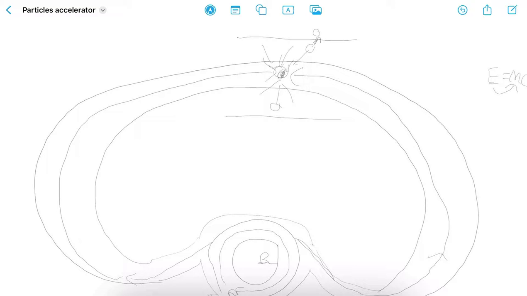For example, some subatomic particles or elementary particles that make up the atom.